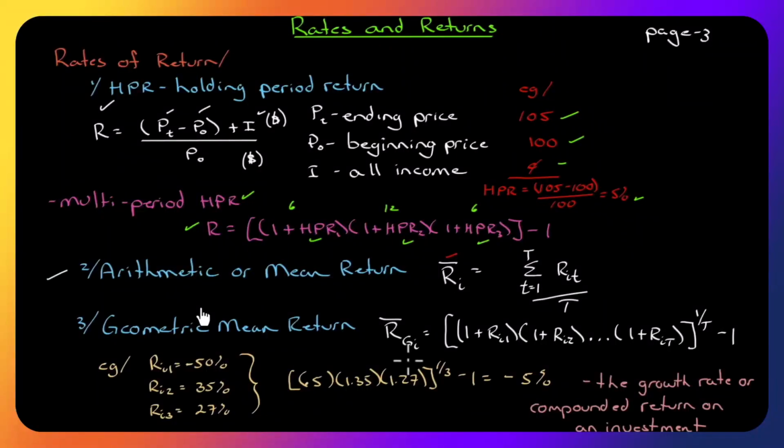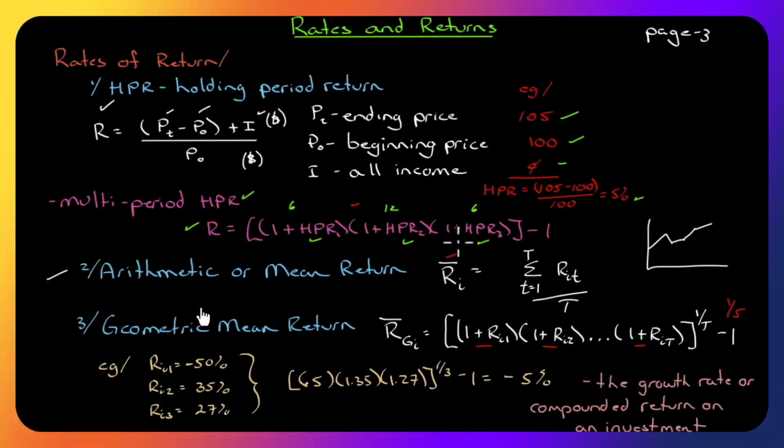A geometric mean return is, we've seen this in the holding period return up here, is you just chain multiply a bunch of returns, take the root 1 over T, or if T is 5 years, that's just saying take the 5th root. Taking the 5th root is the same as putting it to the power of 1 over 5. So let's say that we have a return series that looks like this. In year 1, we made this, year 2, this, year 3, this, year 4, that, year 5, this.